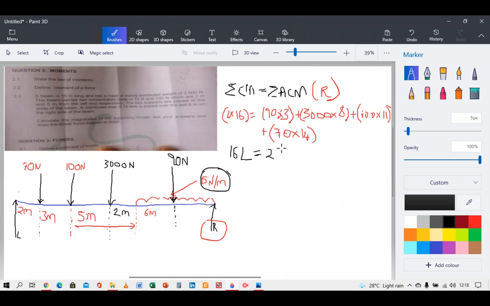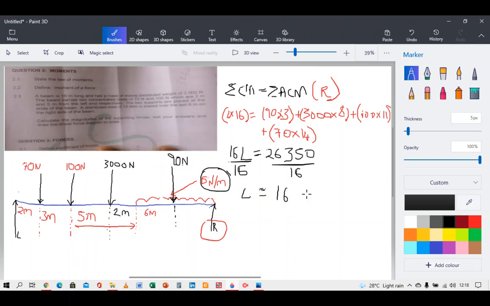All right, then it is 26,350 divided by 16. Then our L becomes what?